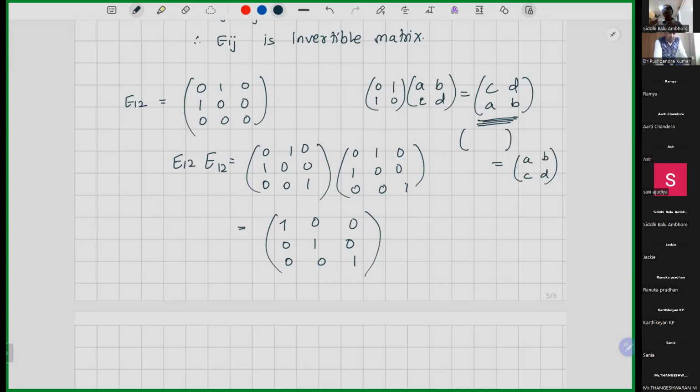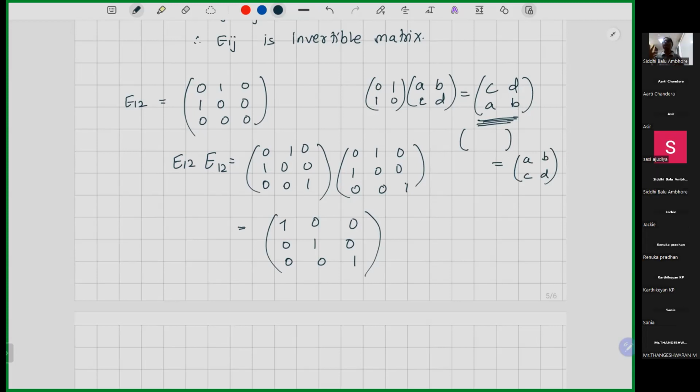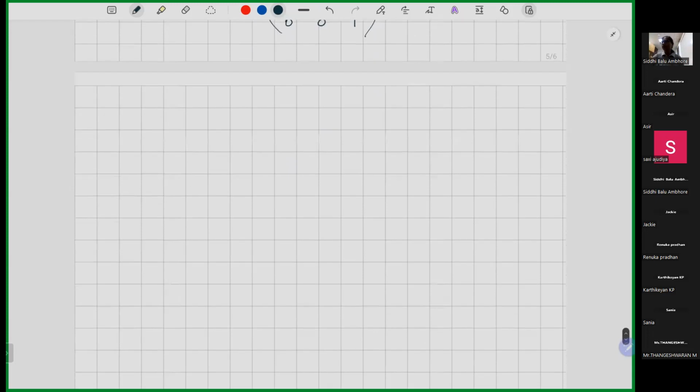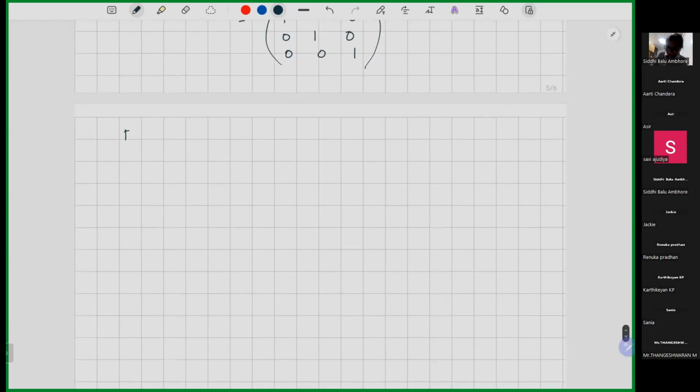So when I interchange i and j twice, it's like going through a cycle, a transposition, 1 to 2, 2 to 1. And when I do that twice, I will get the identity. So that's what I'm doing here. Is it clear now with the 3 cross 3 matrix? Okay. So now we'll do it for type 2.